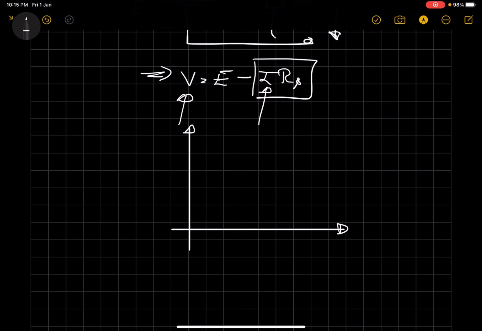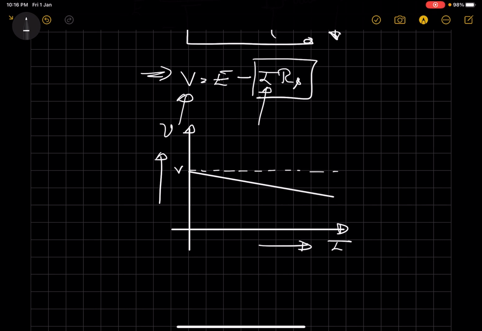So if the current drawn is I here and the voltage across the battery is V, for an ideal voltage source, this should have been a constant irrespective of the current drawn by the load. But with increasing current, the voltage will also reduce.